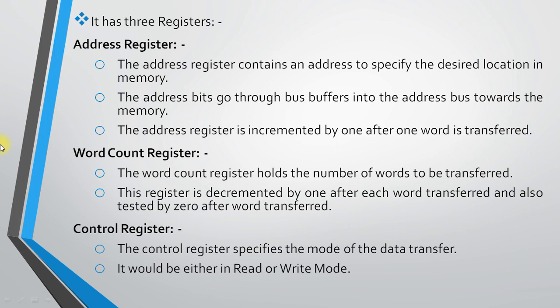When it reaches 0, that means all the data has been transmitted. This register is decremented by 1 after each word transferred and also tested for 0 after each word transferred.